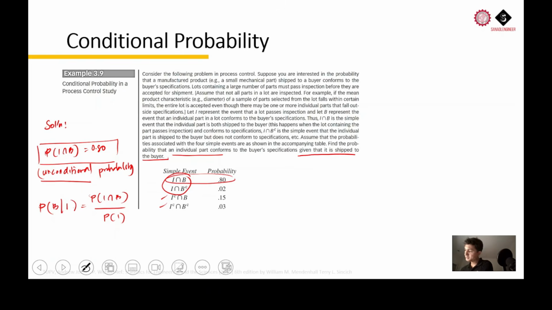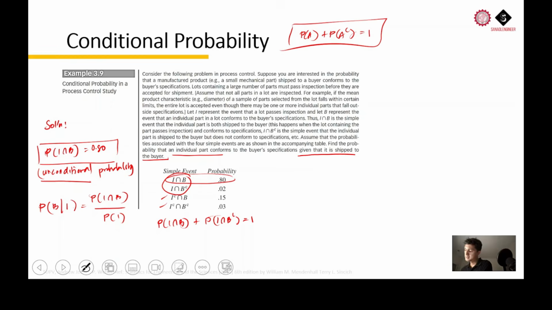Because remember, P of A and its complement is always equal to 1. This is not simple event A, but still it's a simple event, just a union or intersection of simple events. This equation still holds true. So we can rewrite P of I union B plus P of I union B complement is equal to 1.